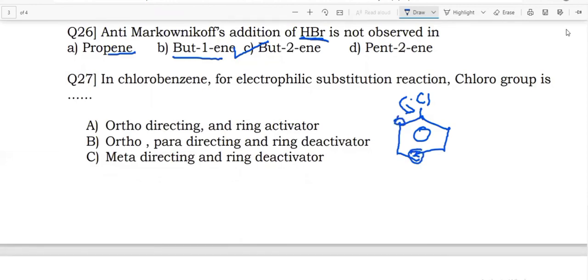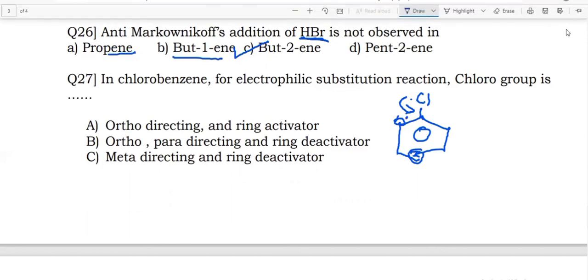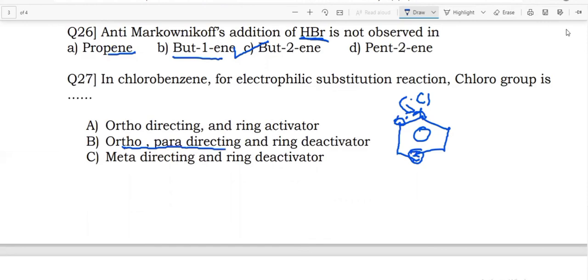So a substituent like E plus, the electrophile, can attack either at the ortho or para position. Chlorine also shows minus I effect, and because of that it is a ring deactivator. So the answer is that it is ortho-para directing and a ring deactivator. So option B is correct.